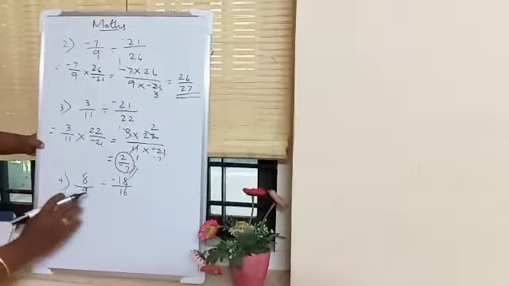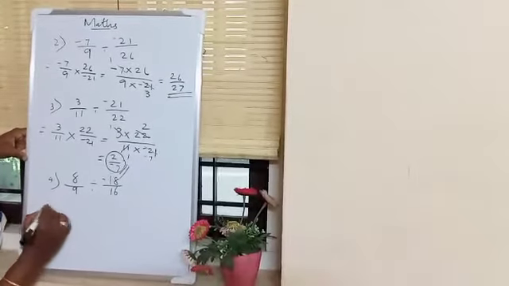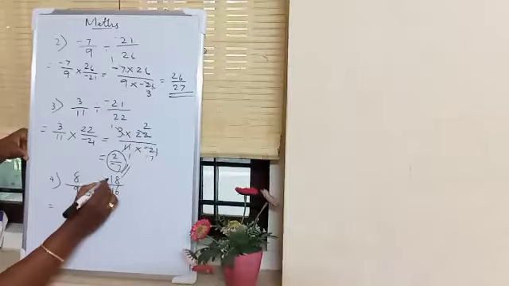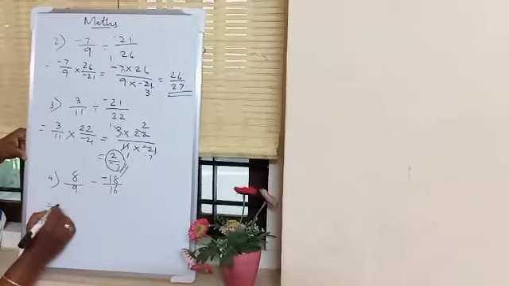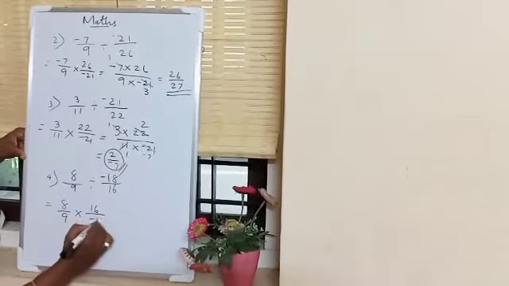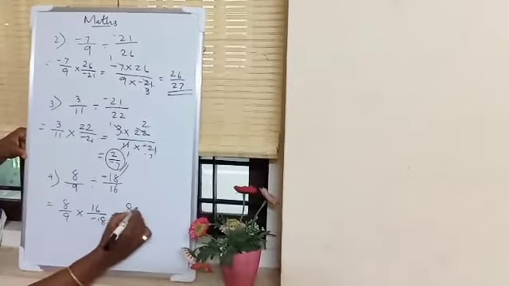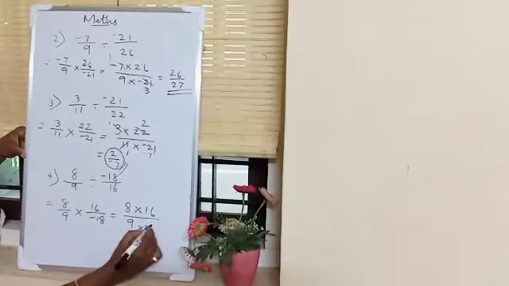Next question. 8 by 9 divided by minus 18 by 16. First we find the reciprocal of negative 18 by 16. 8 by 9 into 16 by negative 18. Then 8 into 16 by 9 into negative 18.